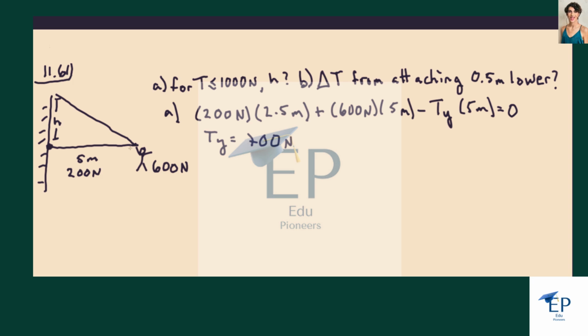Now, we know that the magnitude of the tension is 1,000 newtons. So Tx squared plus Ty squared equals T squared.